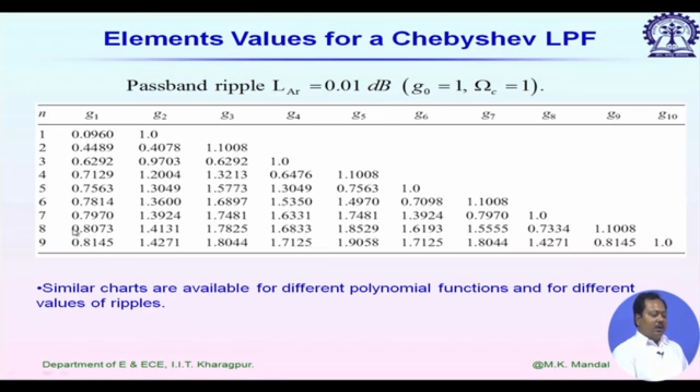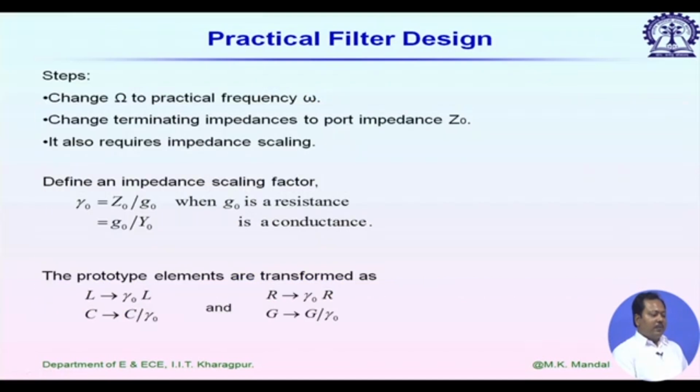For example, if you decided your order of the filter should be at least n equal to 7, then you can choose these g parameters from this particular row. Now, we have to realize these g parameters as L and C values. Similar tables are available for different LAR values and also for different polynomials.